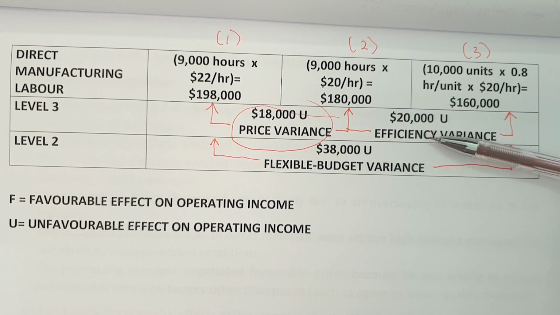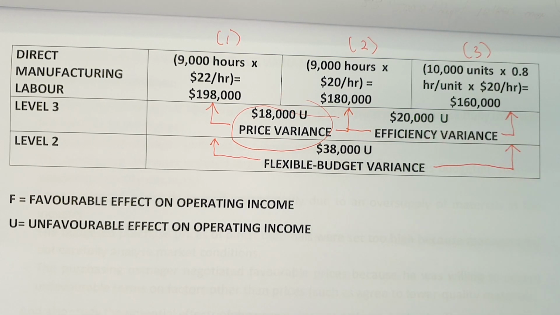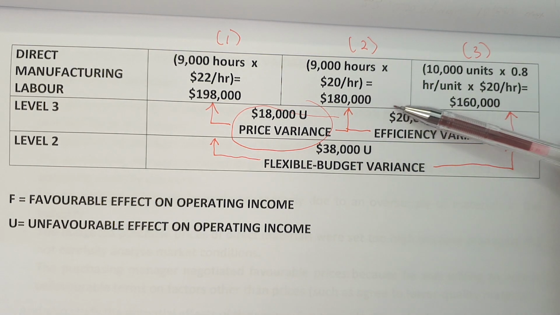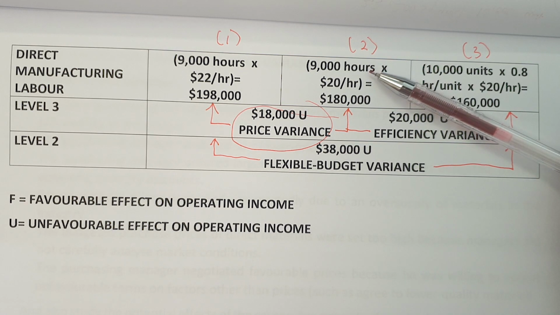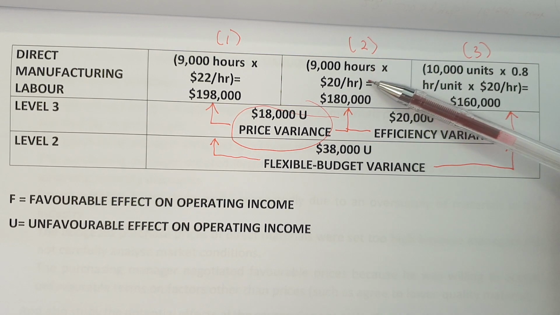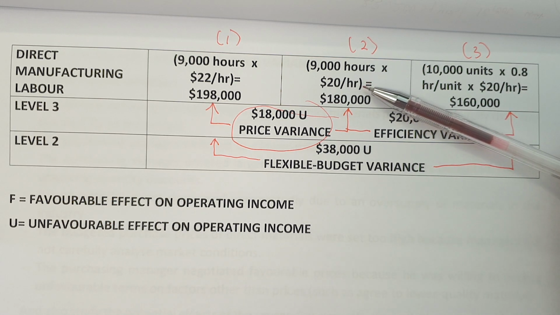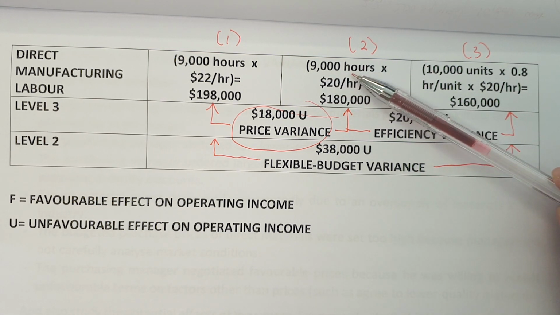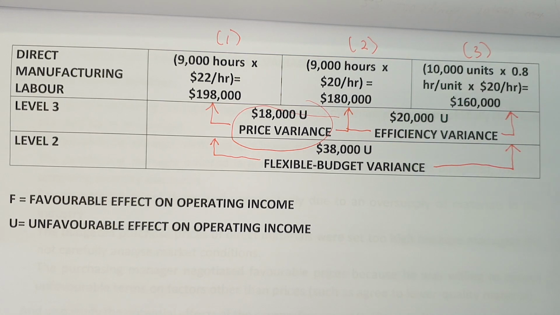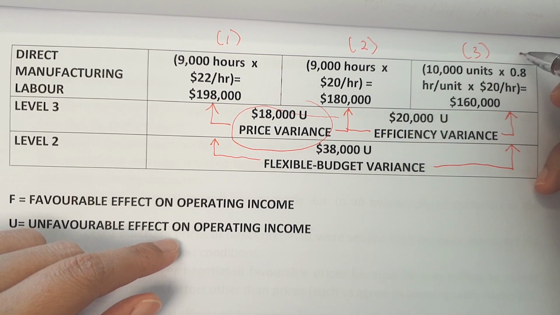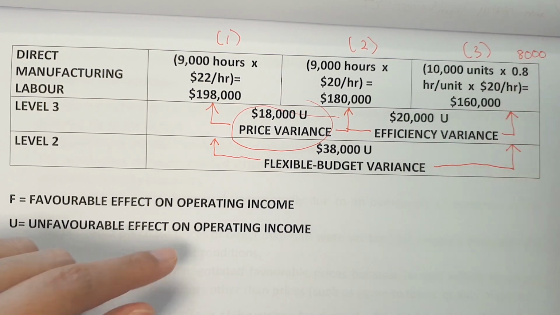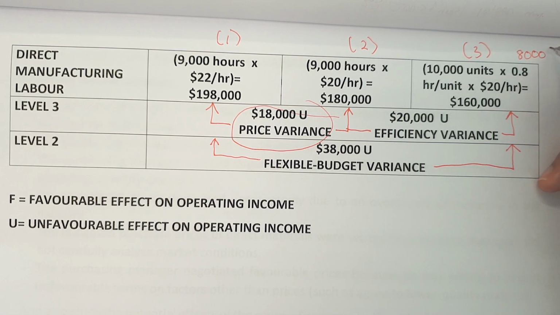As for the efficiency variance, the number of hours that actually occurred is 9,000 hours, while what we budgeted is based on 10,000 units times 0.8, so we are supposed to use just 8,000 hours. That is what we budgeted.